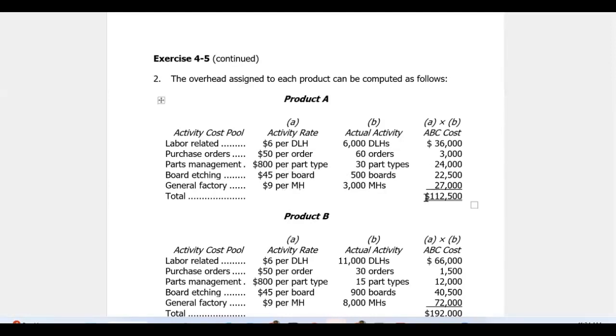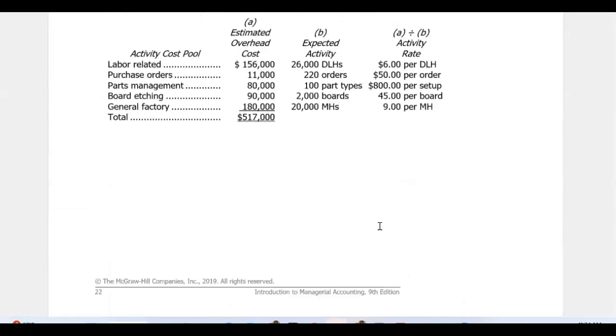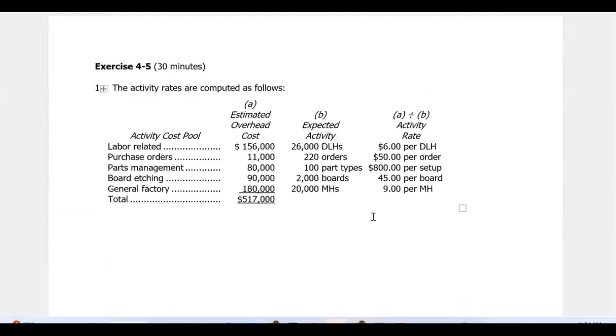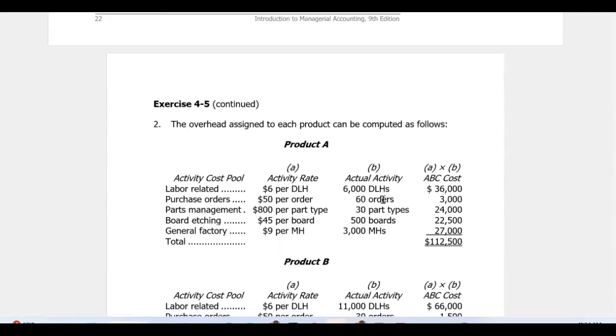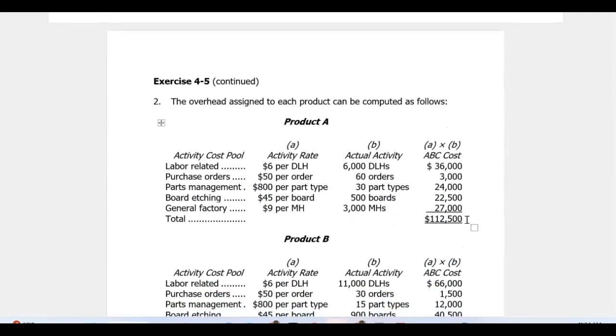Add them up, and that's $112,500 of manufacturing overhead applied to product A. How many units of product A we are making, I don't know. But if you want the amount per unit, you divide 112,500 by the number of units you produced for product A, and that gives you manufacturing overhead per unit.